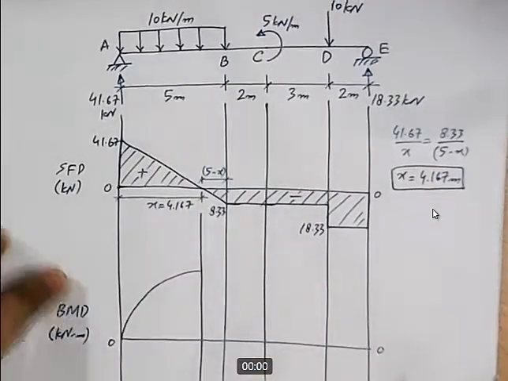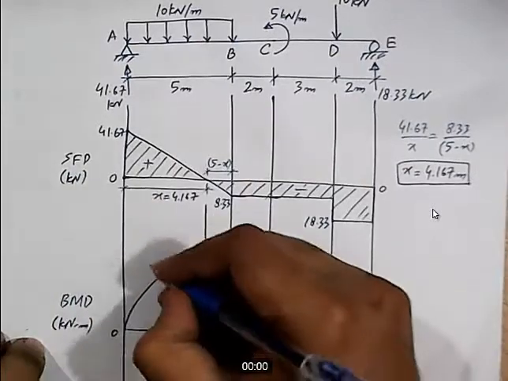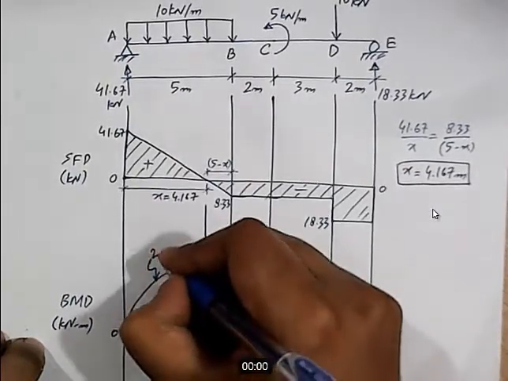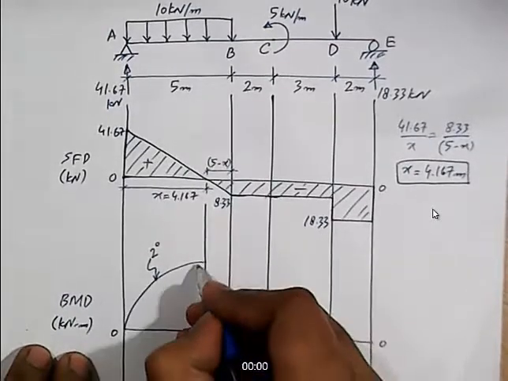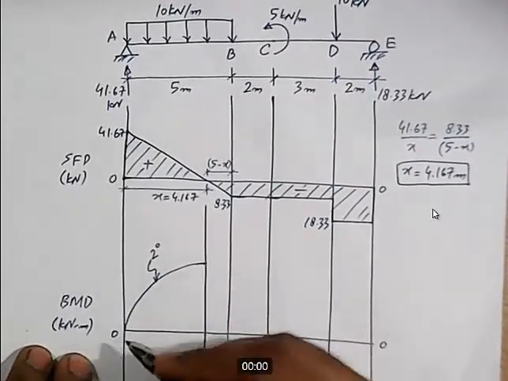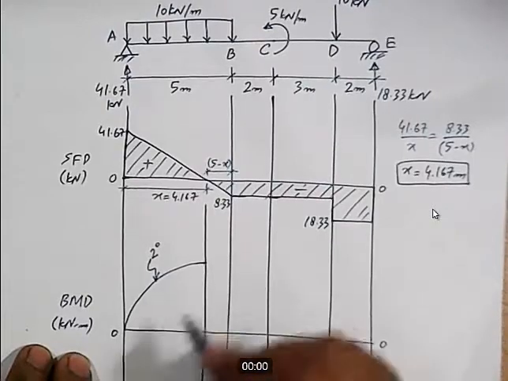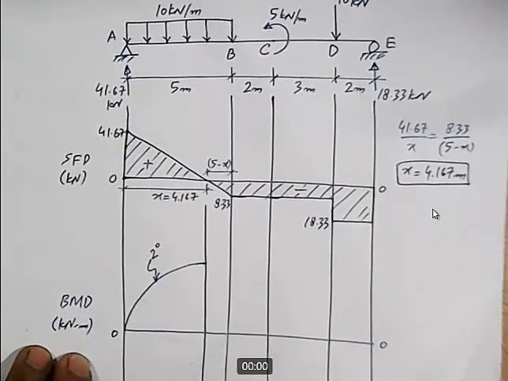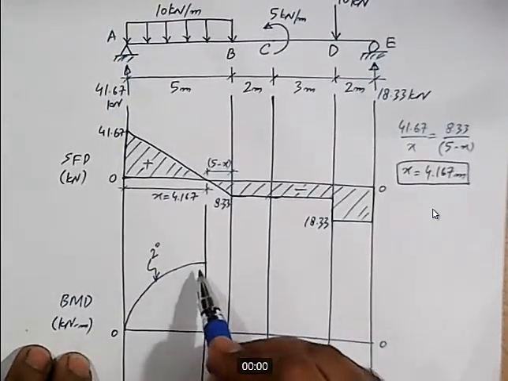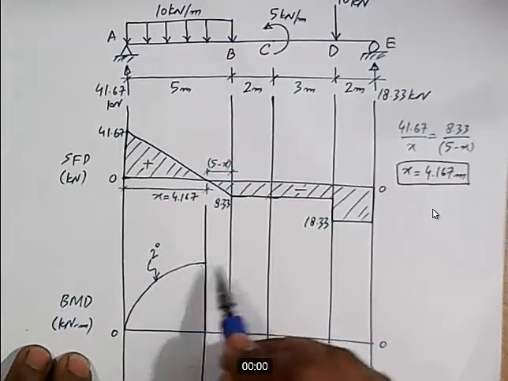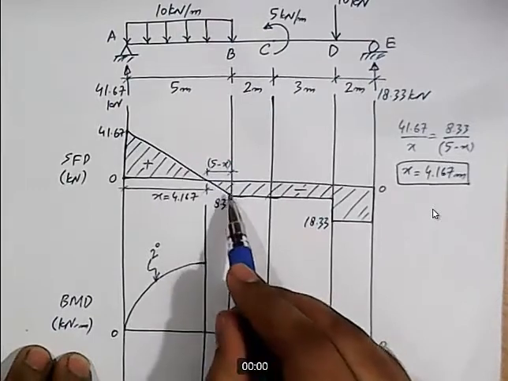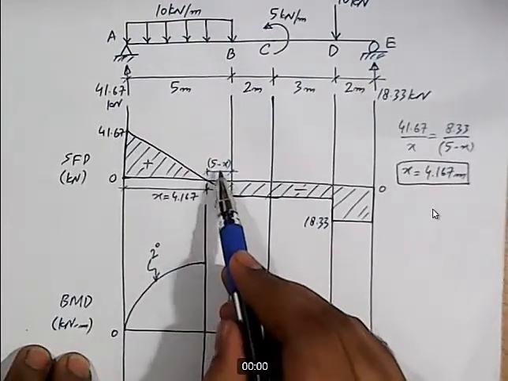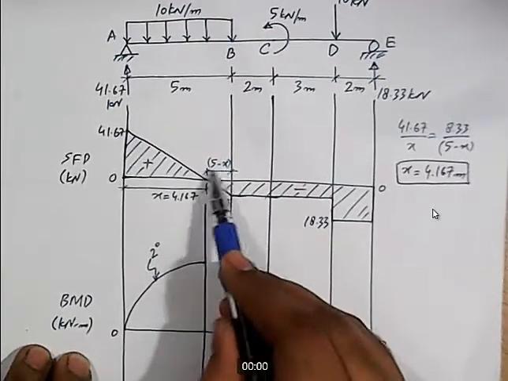Here, we have a second degree curve, and as we move from point A to B, the slope of the second degree curve is decreasing. Now, in order to move from this point of zero shear up to point B, we need to subtract the area of this small triangle, and the base of the triangle is 5 minus x.